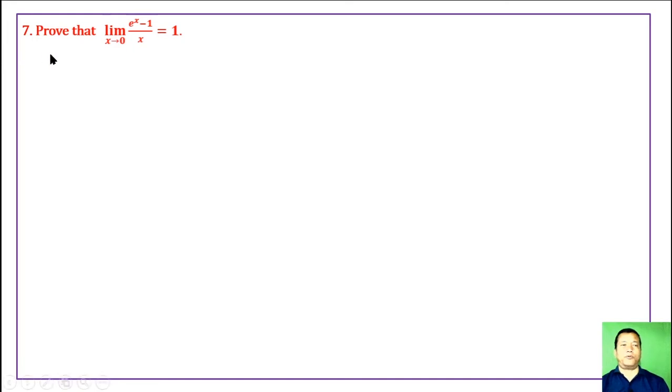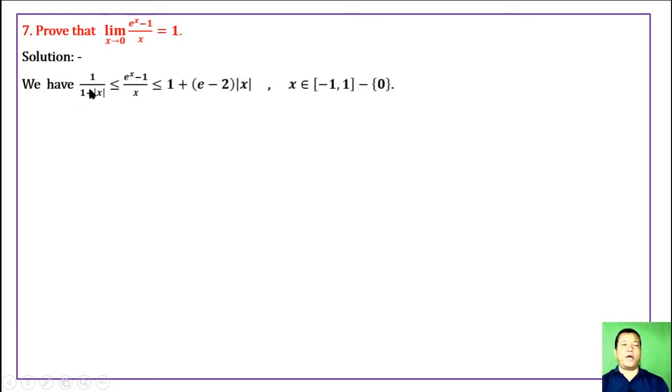Number 7, prove that the limit of (e^x - 1)/x as x tends to 0 is 1. Solution, we have 1 by (1 + modulus x) is less than or equal to (e^x - 1)/x, which is also less than or equal to 1 + (e - 2) times modulus of x, where x belongs to the closed interval [-1, 1] excluding 0.